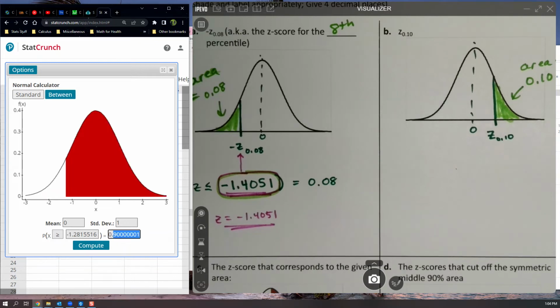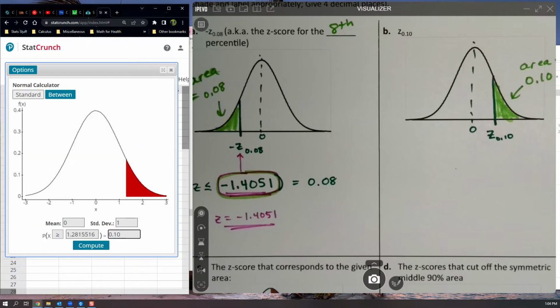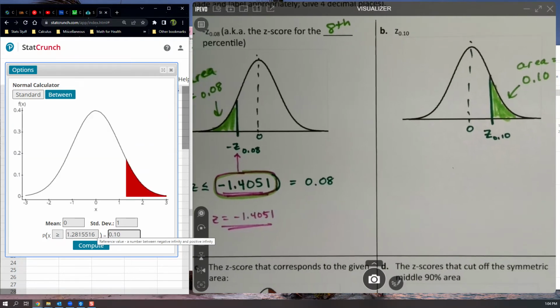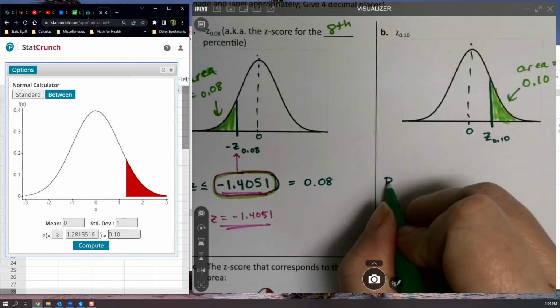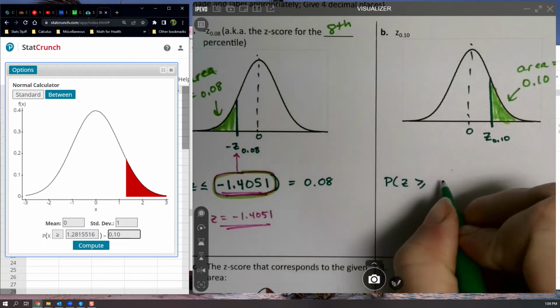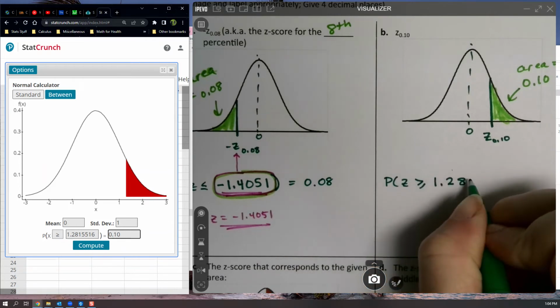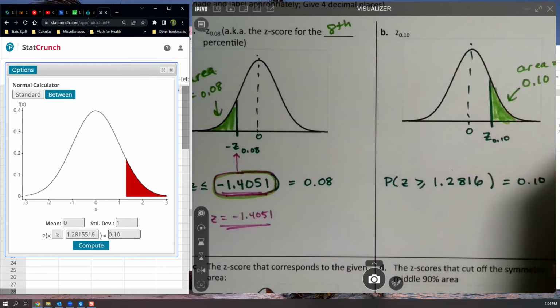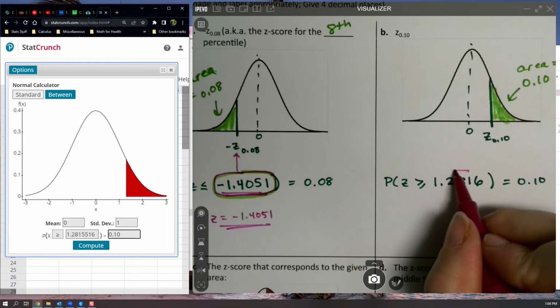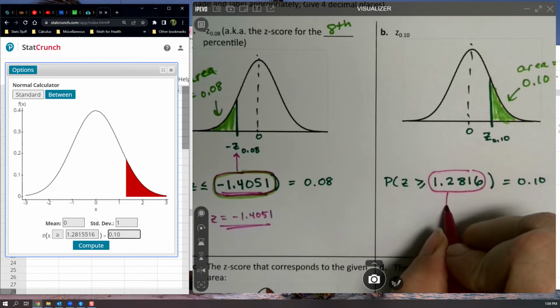So I got to go back in and retype this in. 0.10, right. That matches my picture. That looks like it should. That little red area is 0.10. And you can see it's telling me the probability that z is greater than or equal to 1.2816, I'm rounding there, equals 0.10. The answer is actually this part right here. That's your z.